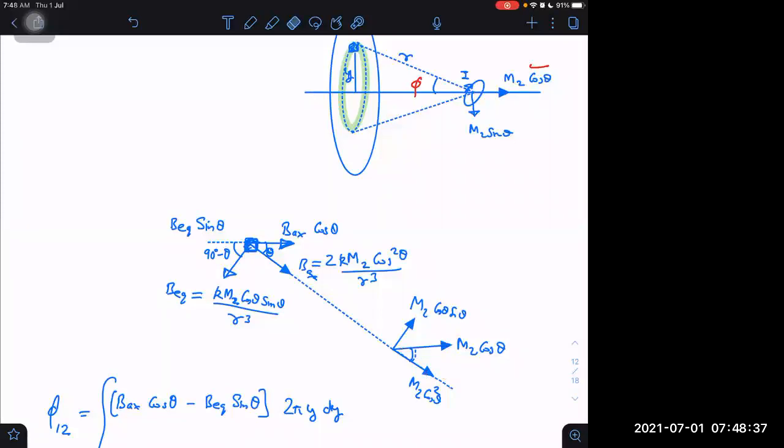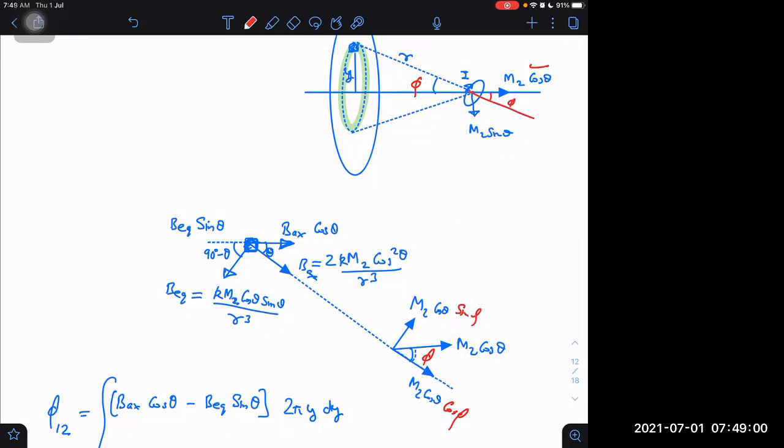Here itself it will be phi. It will become cos theta cos phi, and here it will become cos theta sin phi, right? This is phi.